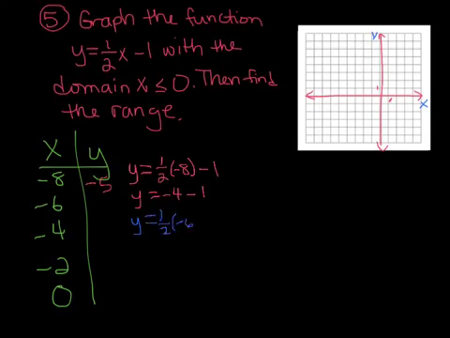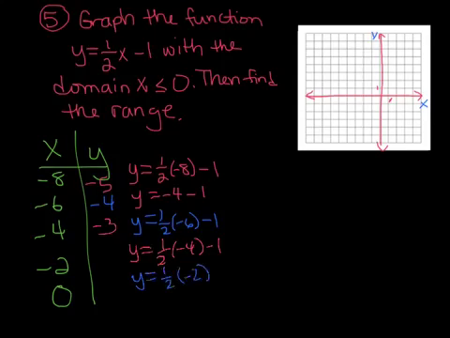When x equals -6, you're going to end up getting y equals -4. When x is -4, if you substitute that in, you will end up getting -3. When x is -2, you'll end up getting -2. And when x is 0, you will end up getting -1.